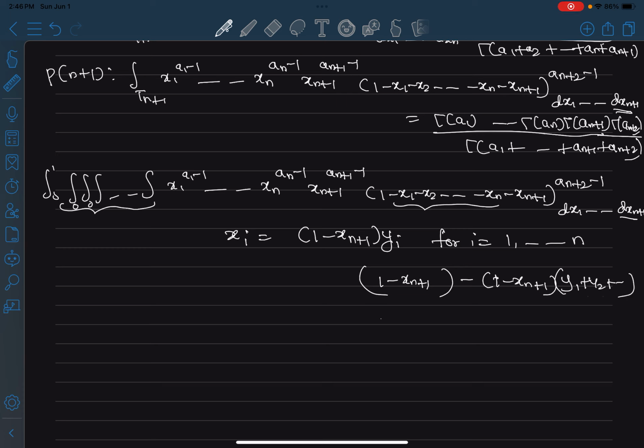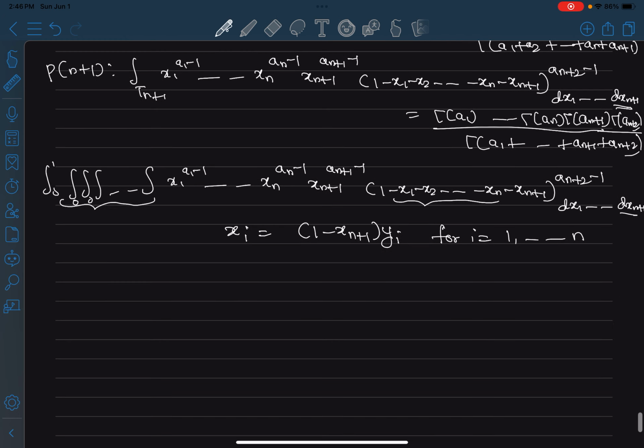If you take this common, you will just have 1 minus y1 up to minus yn. This will help us use our inductive hypothesis. Let me not go too fast right now, but this will be helpful. That's why we are choosing to make the substitution.